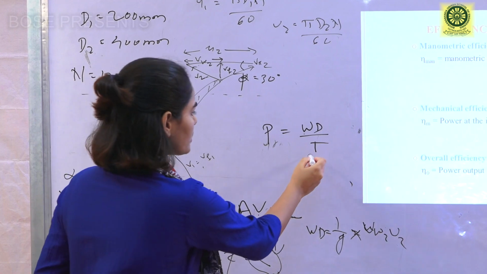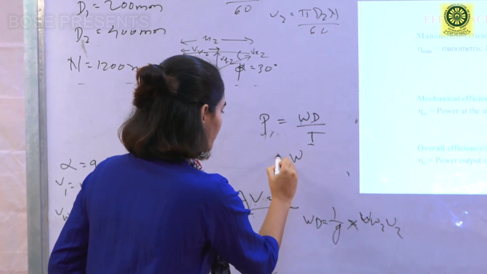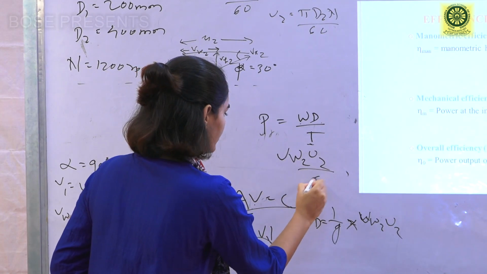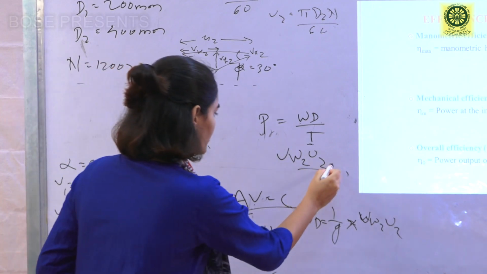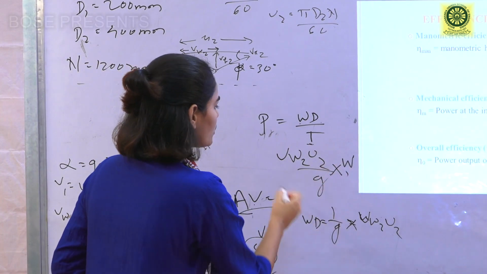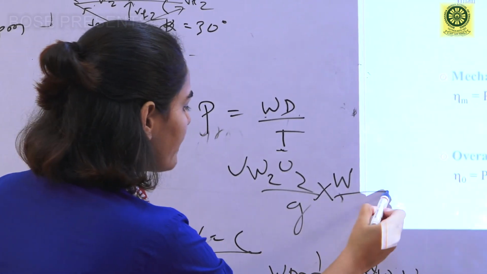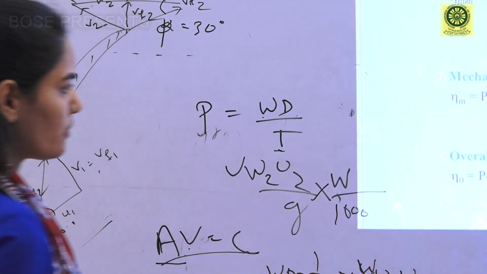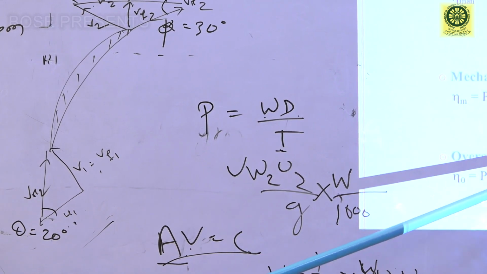The work done per unit weight is Vw2 U2 by g. For the total weight, we need to multiply by W. This is in watts; to convert to kilowatts, we divide by 1000. So this upper portion will be the power at the impeller, and then the power at the shaft will be given.